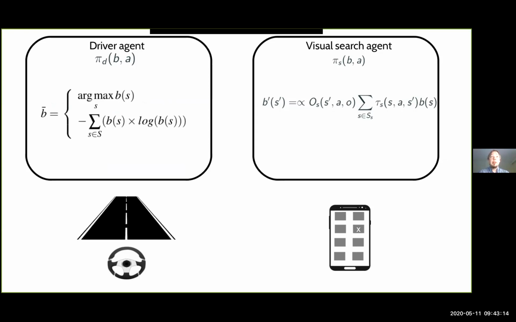And the driver agent learns its policy based on these two entities. And the insight here is that the latter item in the augmented belief reflects the uncertainty that the driver has about driving.